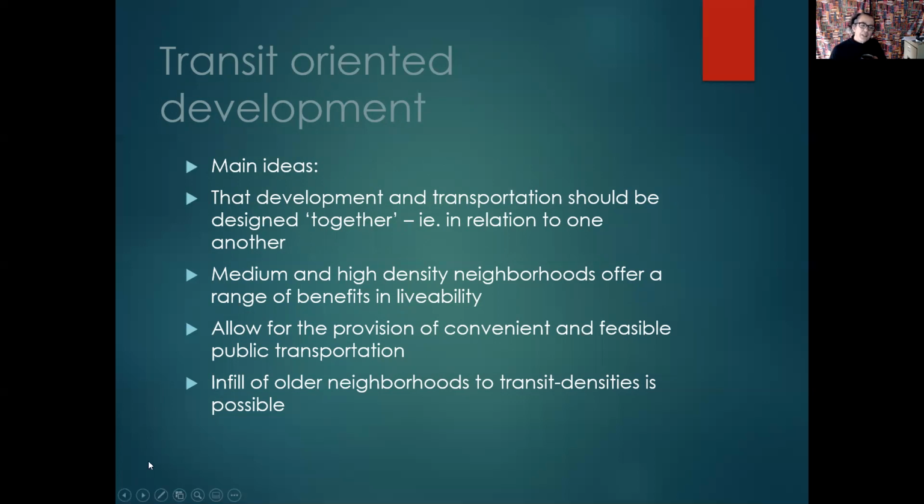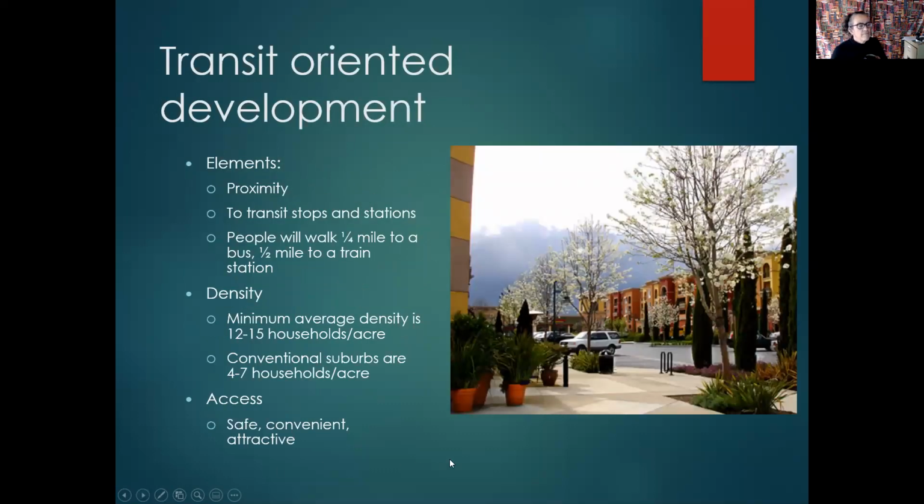And so the interesting thing about Portland is looking at how it approached infill of older single family neighborhoods to get them to transit supportive densities. This picture here, which won't look that far from a reality in Prince George, is in Portland.